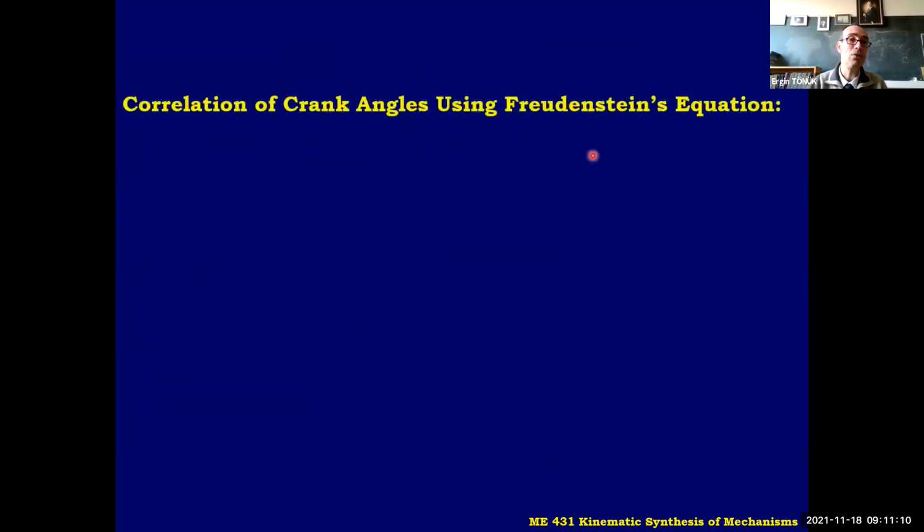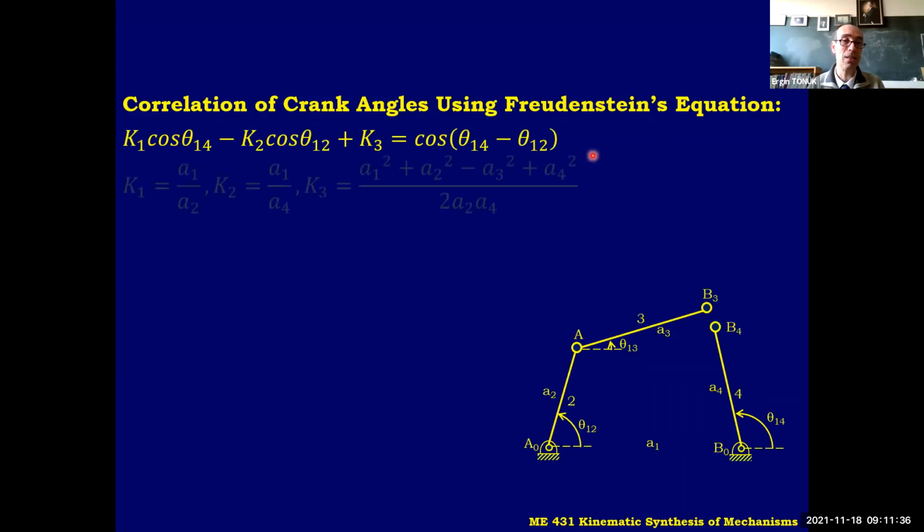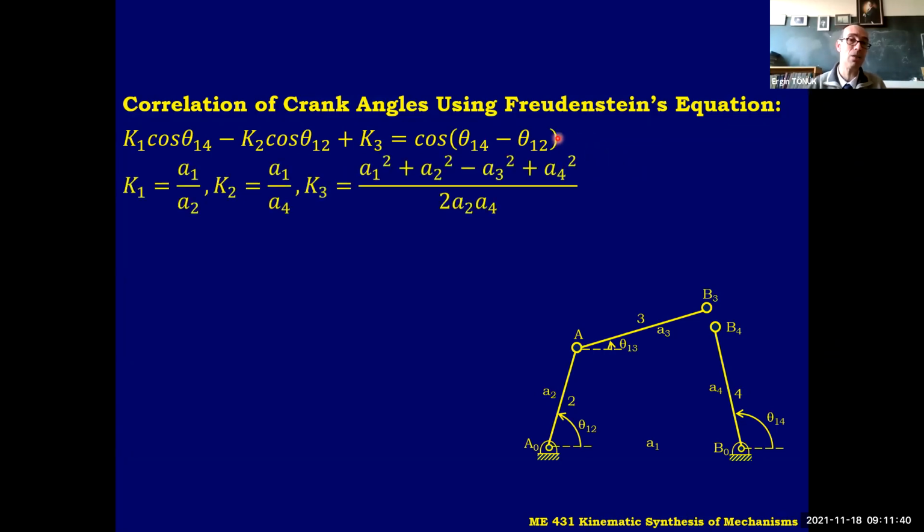So we will correlate crank angles using Freudenstein's equation, so-called, which we had derived in the introduction chapter. So actually, you just do some manipulation in the input-output equation of the 4-bar. That is, you eliminate theta 1,3, and then do certain manipulations to obtain this equation, which is known as Freudenstein's equation.